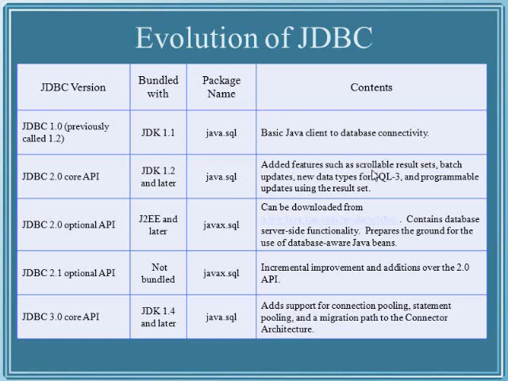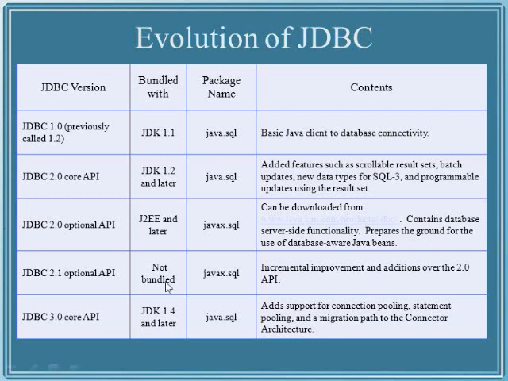What is the meaning of saying scrollable result set? You can go forward and backward within the result set. It was not available in the base version, that is JDK 1.1 didn't have that thing. Then they added batch updates. You can update everything at a time. That was added. Additional programming capabilities were also added.